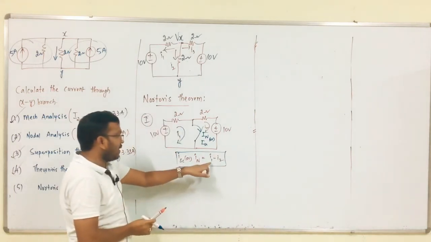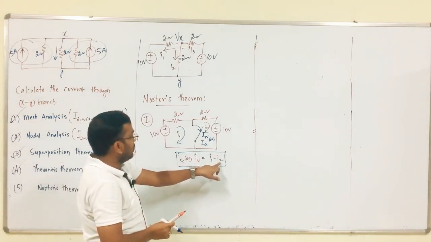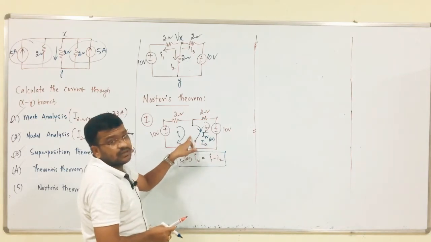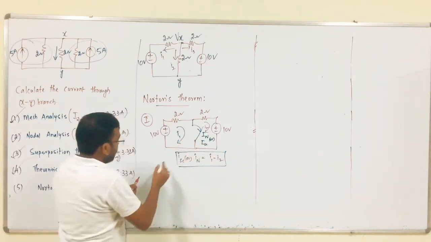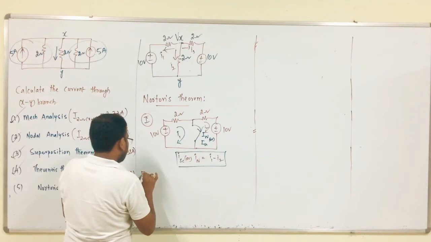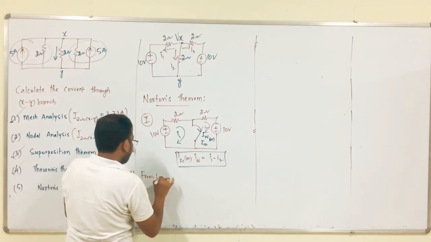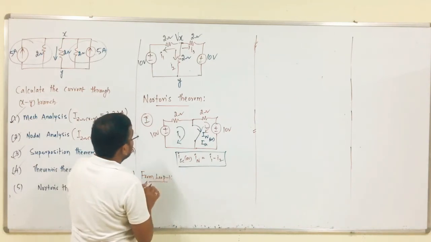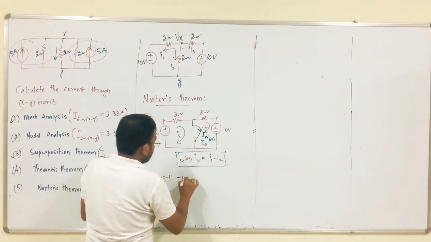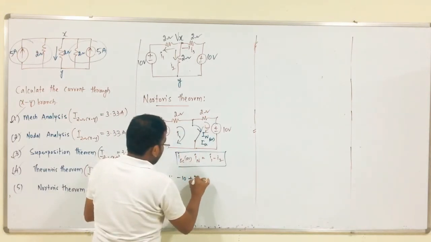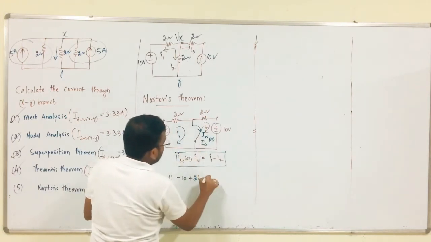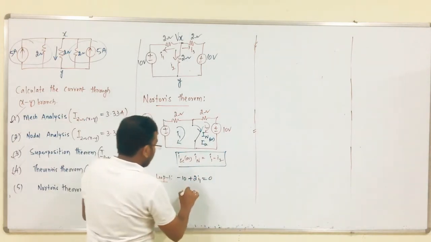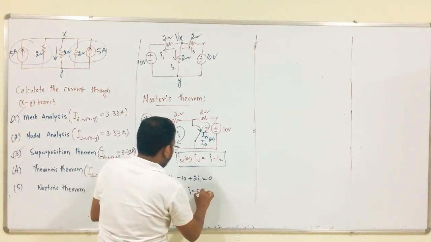Simply first we have to calculate I1 and then I2, and then substitute. From loop 1, starting from here, minus 10 plus 2 into I1 is equal to 0. From this I1 is equal to 5 amps.